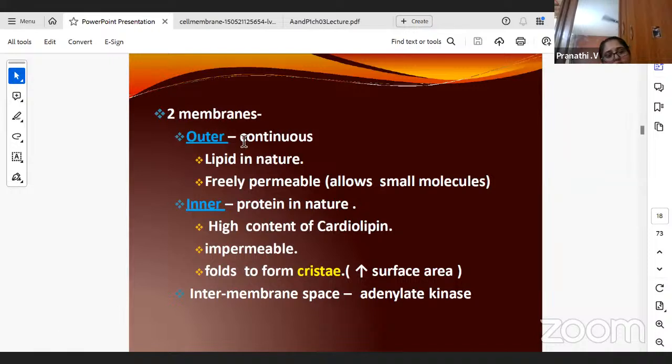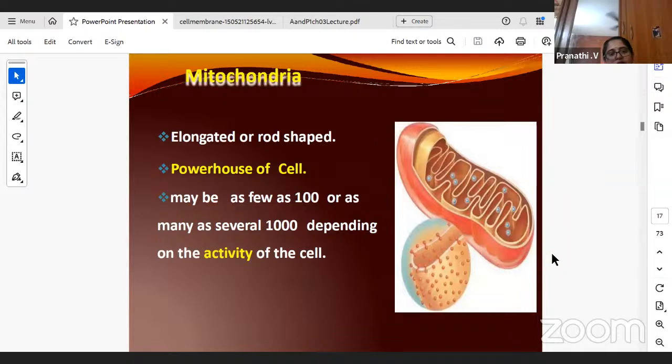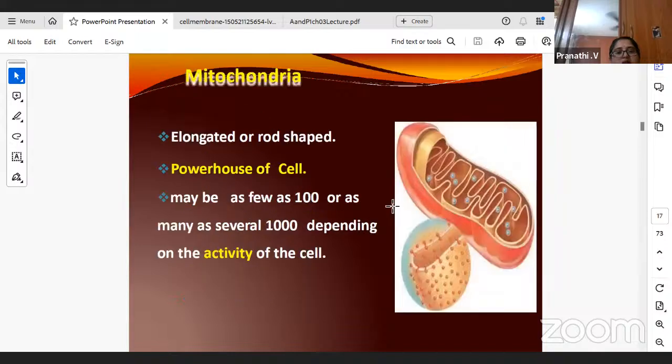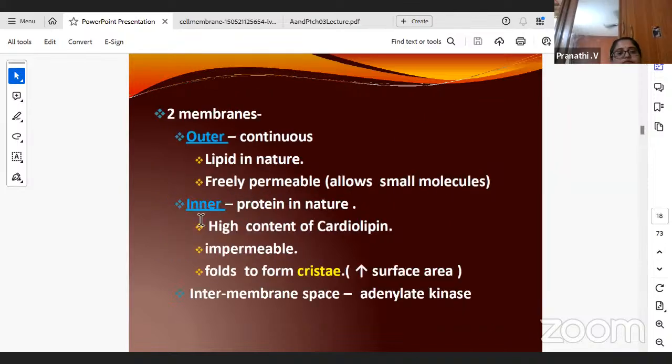Like I told you, again, in mitochondria the outer layer is going to be continuous, and it has lipids, more lipids present, which allows all the smaller molecules to pass. And then you have an intermembrane space over here, and an intermembrane space here as well.